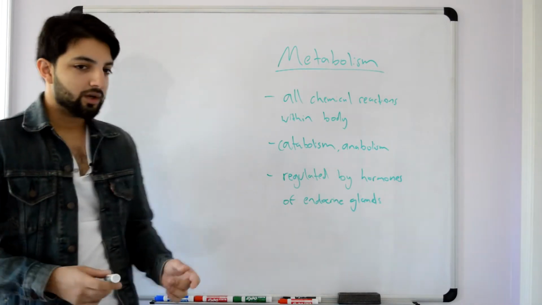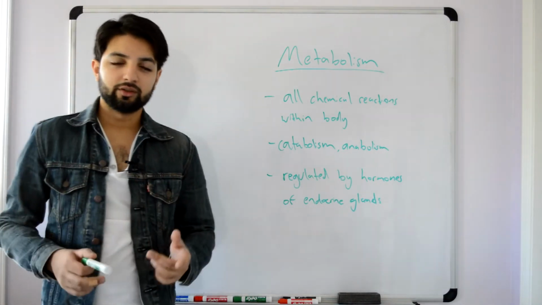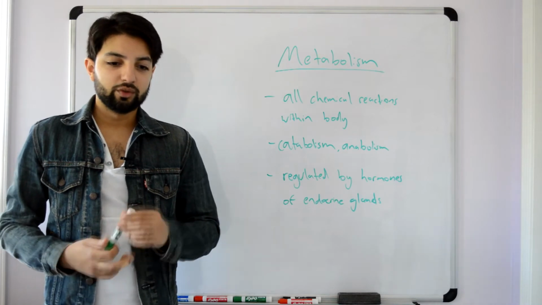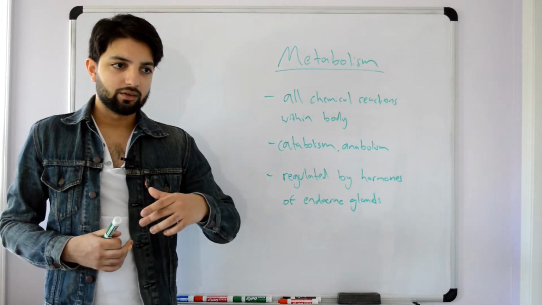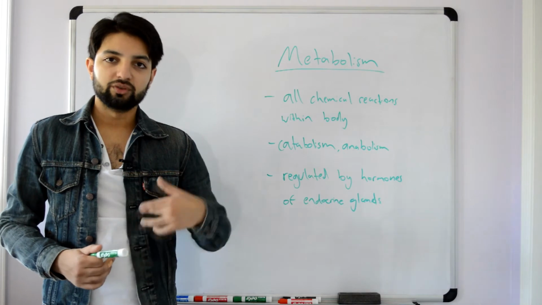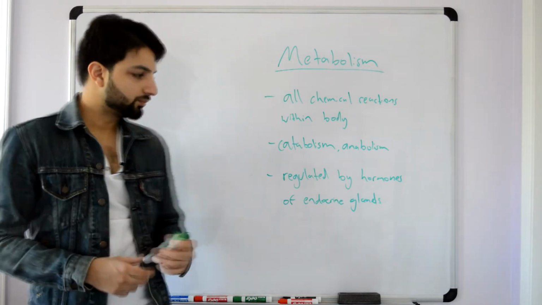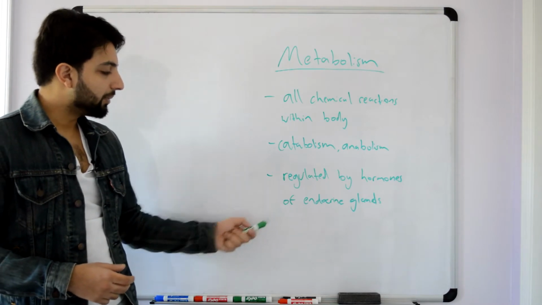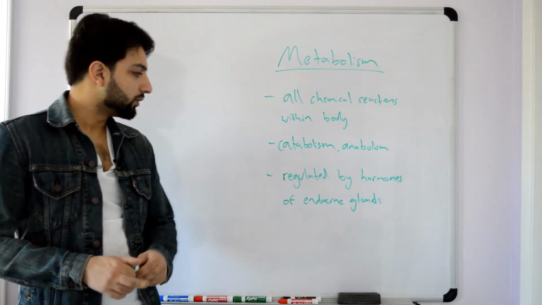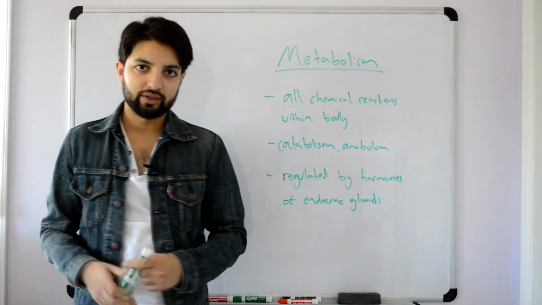Another example of metabolism is cell respiration. That's when nutrients, in accordance with oxygen, produce ATP, which are molecules that power cell activity. The metabolism of the human body is largely regulated by hormones of the endocrine glands.